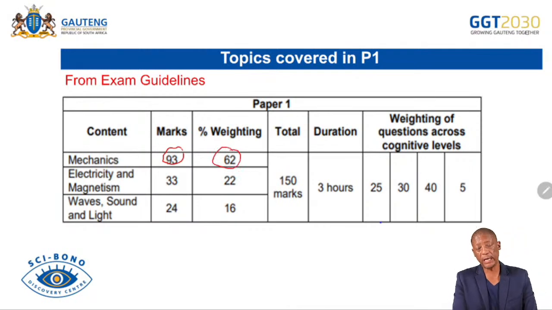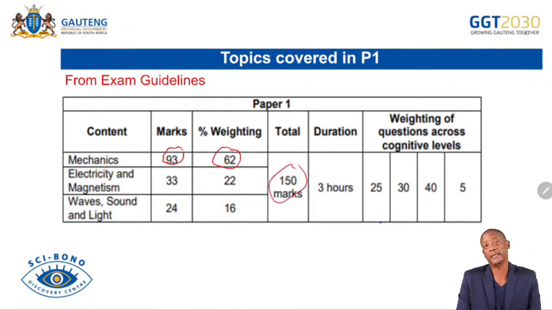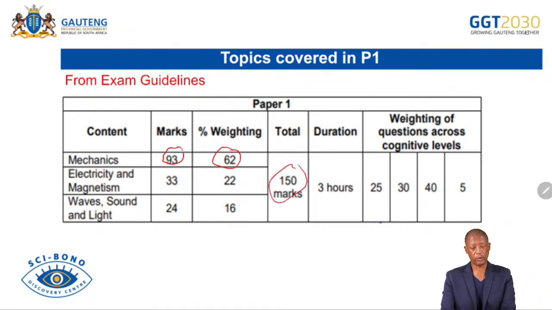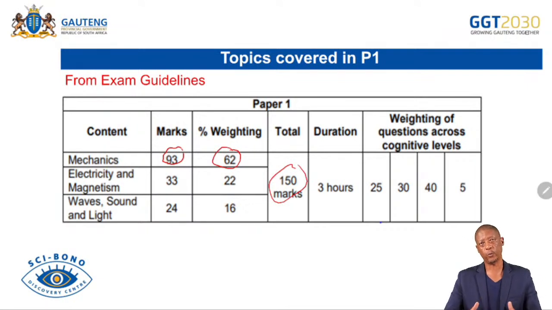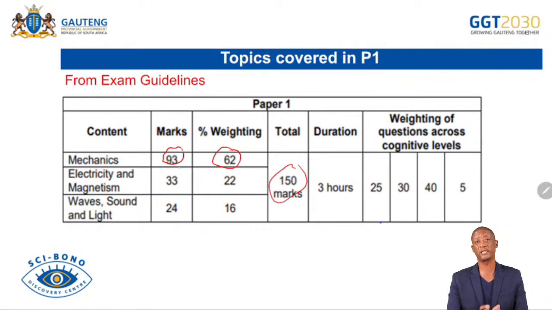The total mark of the paper is 150 marks. So this is very important. The chapters that we are dealing with are the build up of these 93 raw marks, then the percentage is 62. So it is very important that we know this extract of the exam guideline.